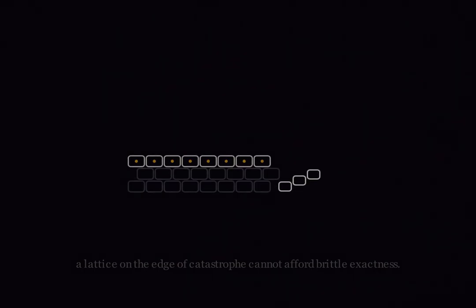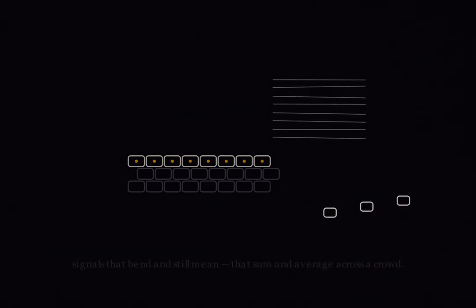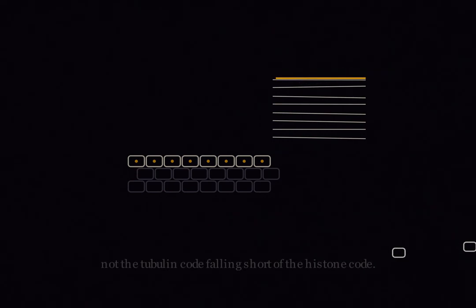A lattice that lives on the edge of catastrophe cannot afford a code of brittle exactness. A tube can vanish in seconds by design. A signaling system written on such a structure has to be one that bends and still means. Signals that survive imprecision, that sum and average and hold their sense across a crowd of slightly different tubes.